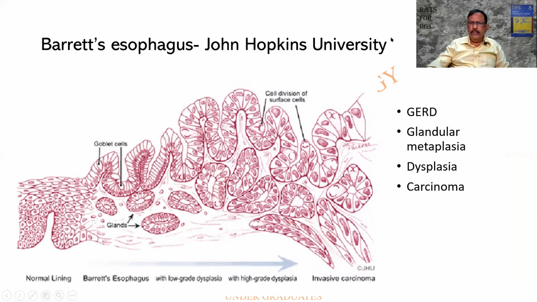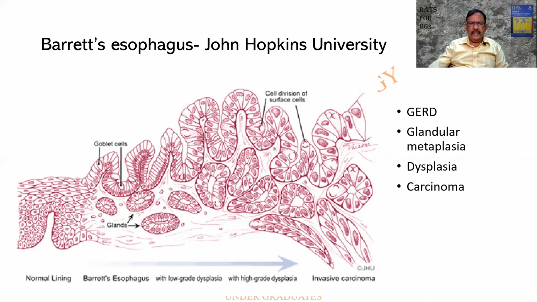This is a beautiful picture from Johns Hopkins University. I would like you people to kindly appreciate what I am saying. So this is the normal squamous epithelium that we are finding in the esophagus. It is the reverse of the bronchus and the cervix.